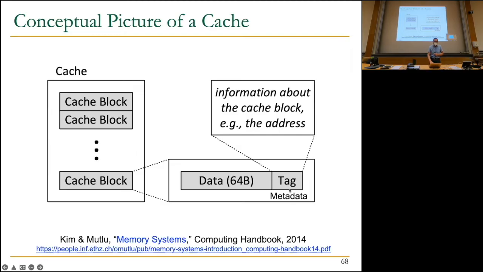It could be some other information about the block, like frequency of access, to decide which block to keep in the cache, or which block to kick out from the cache when the cache becomes full and you need something else to bring into the cache. So this metadata can be a lot of things, and we will see some example metadata soon. But this is the high-level conceptual picture of a cache.